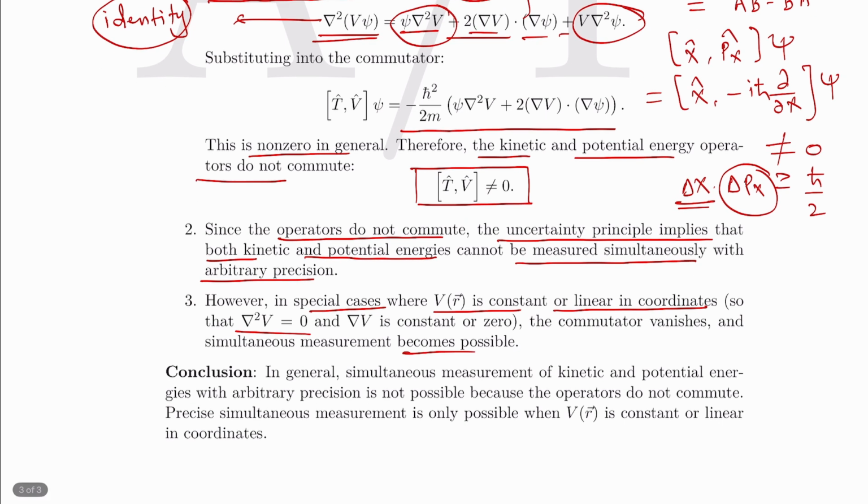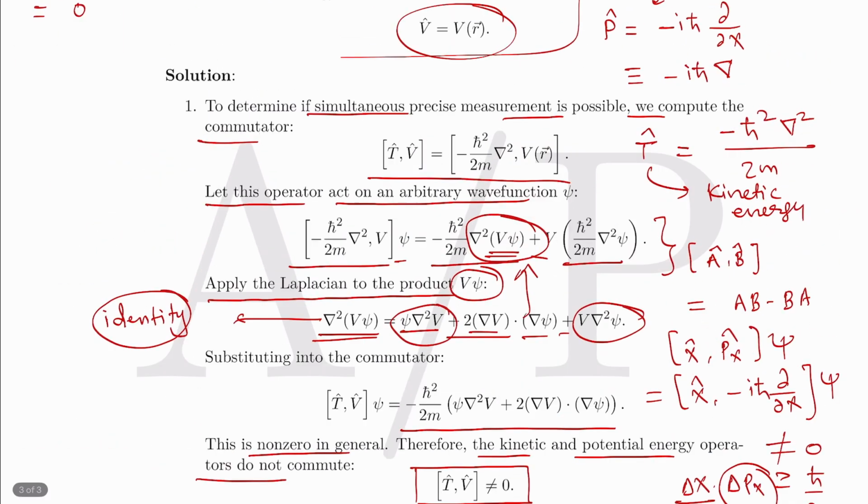So in general, simultaneous measurement of kinetic and potential energy with arbitrary precision is not possible because the operators do not commute. Precise simultaneous measurement is only possible when the potential is constant or linear in coordinates. Great. So let us move forward. This was the end of it.